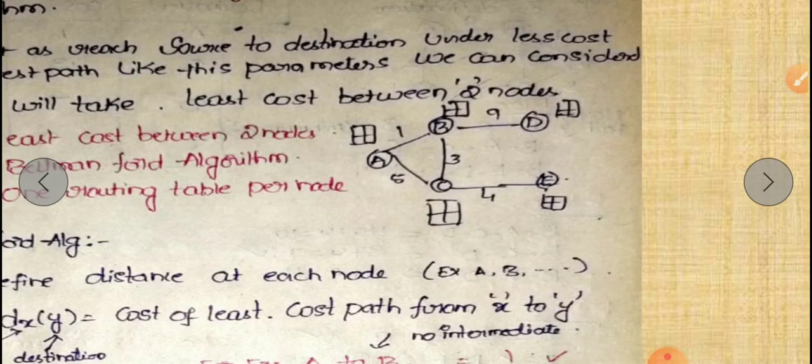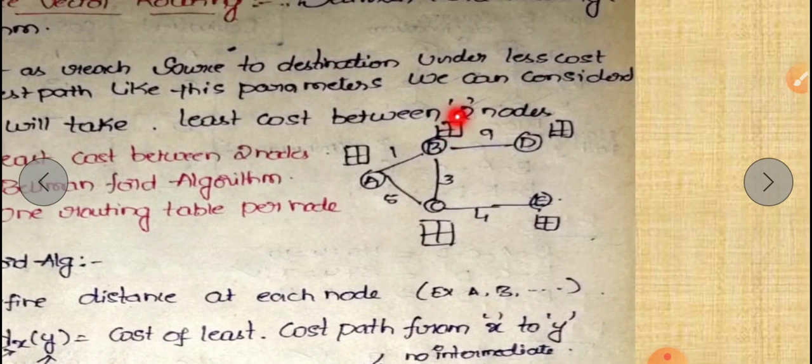It means if a packet is moving from A to B, it is updated in A's routing table, and B is also a router, so it updates the packet received from the other routers in its routing table.